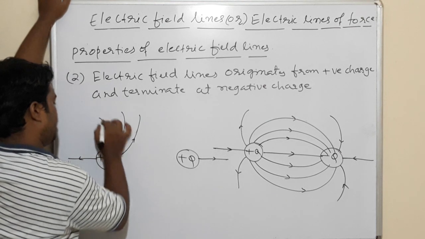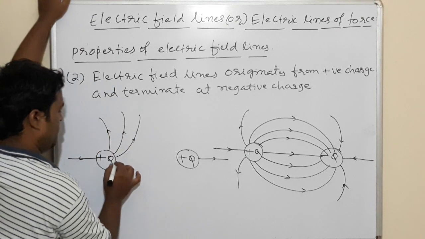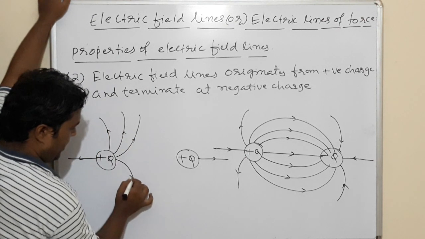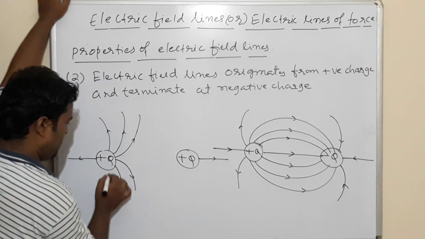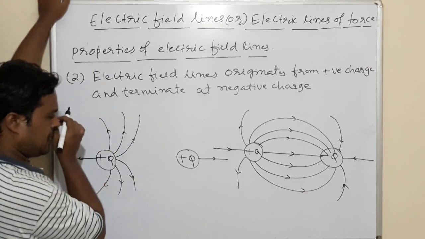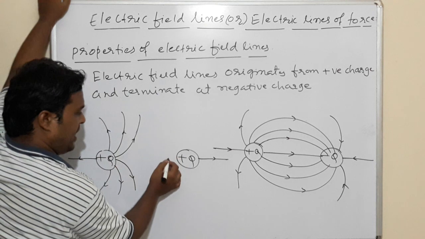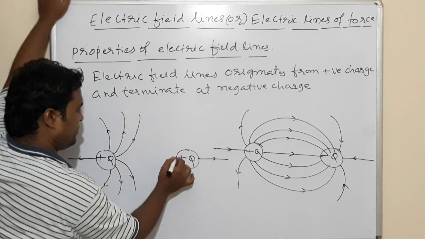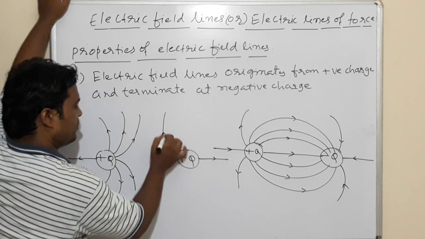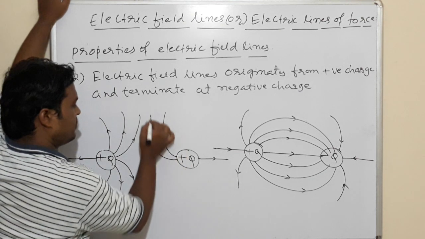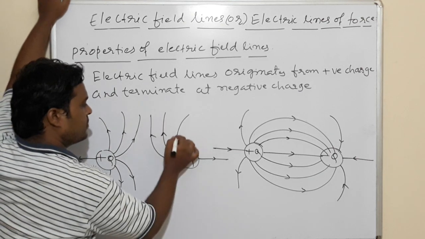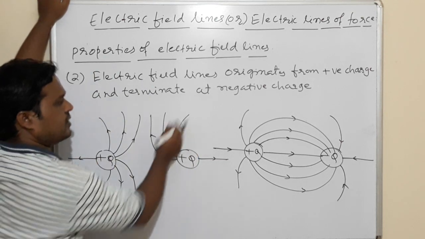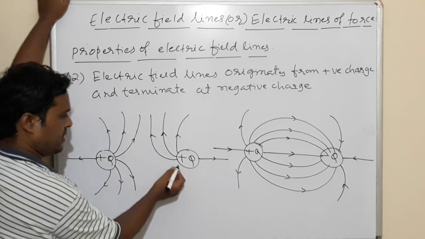If it is kept here, it will move like this. Then if it is kept here, it will move like this, away from this charge. And if it is kept here, it may move like this. If it is kept here, it will not come towards this charge. It will just move away from the charge because this is also positive.